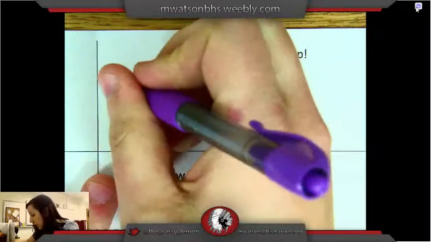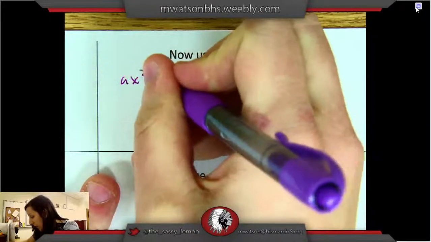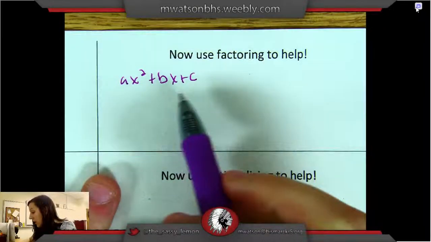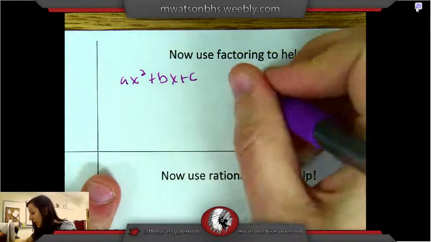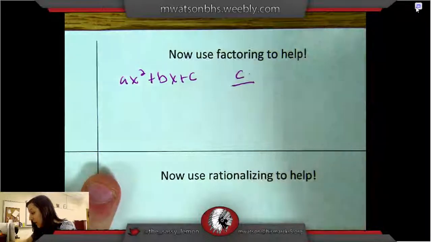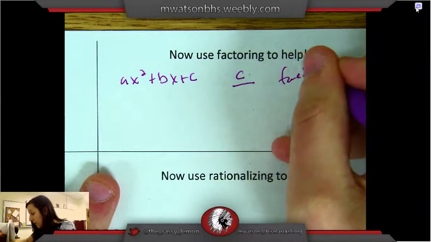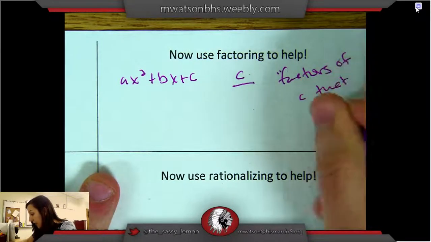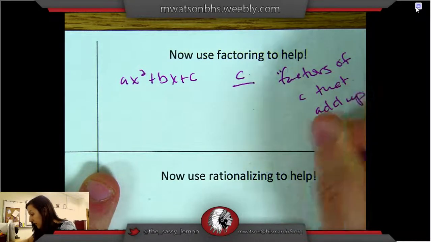Whenever we were in Algebra 2, I taught you that if it is in standard form, then you can look for factors of c that add up to b. So write that over here, factors of c that add up to b.